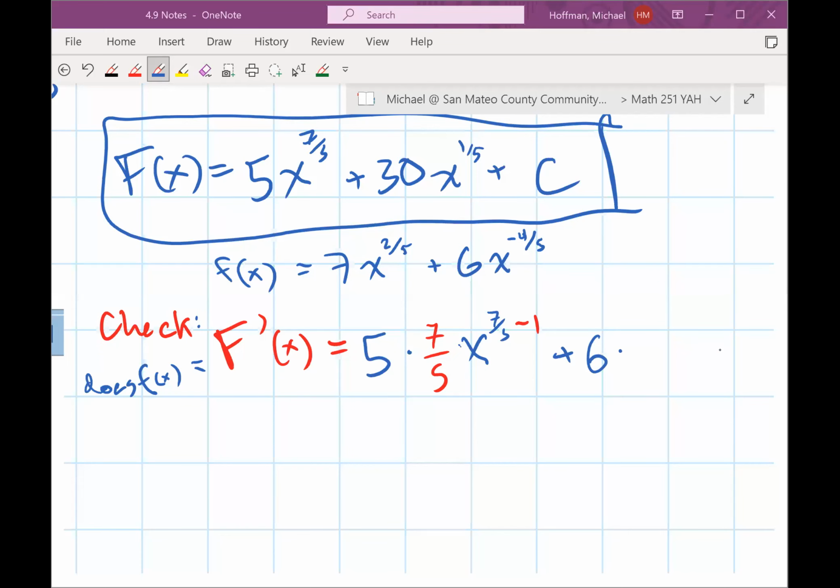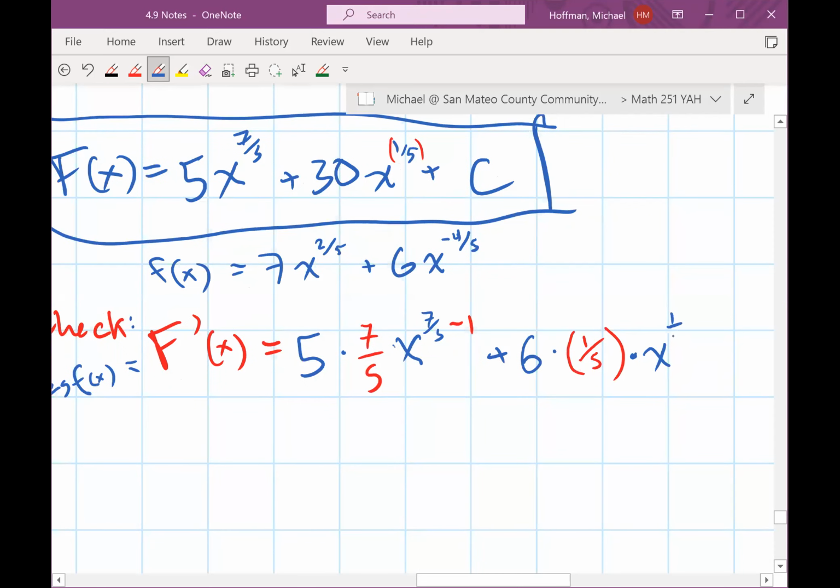Okay. So we're checking to see if this little f of x that we started with is the same as the derivative of our answer. And what we're going to do is we look at this function. Now it would be, sorry, a positive 1/5 would come down and multiply that times x raised to the 1/5, and we would subtract 1 from the 1/5 like that.